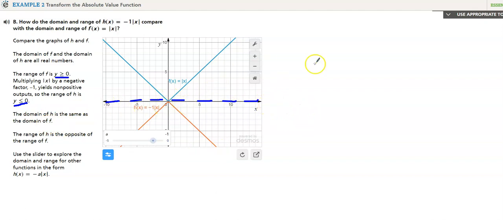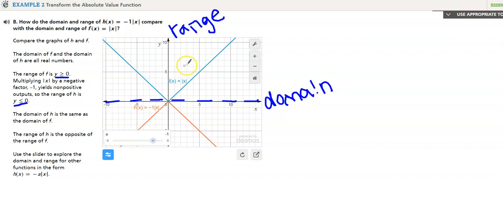So remember, our x's are our domain, and our y's are our range. So when we are looking at a graph, you can look at my y values up and down versus my x values. Do they ever stop? Do they keep going? Things like that. Again, we can use the slider to kind of explore the two things.